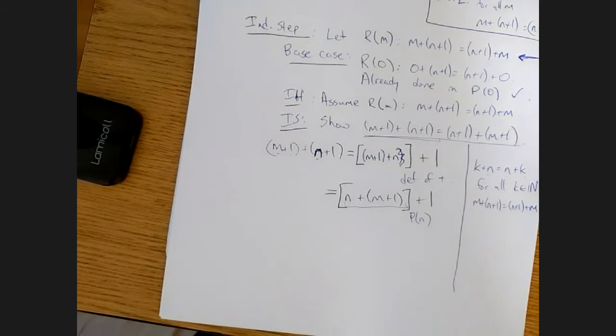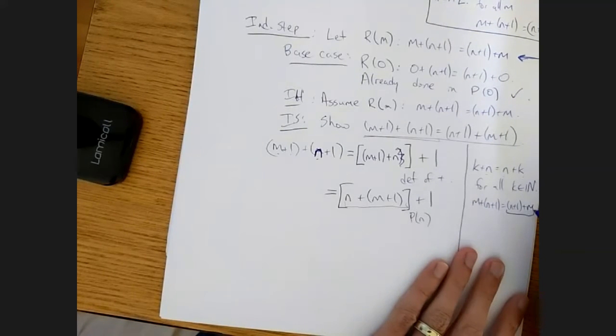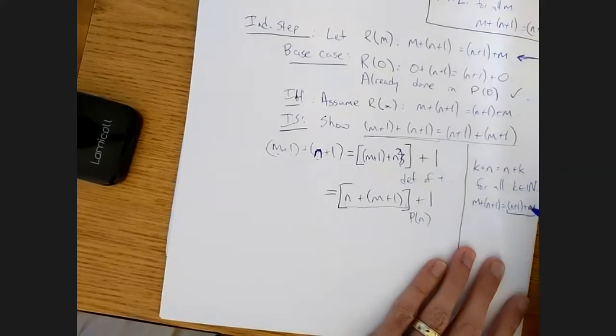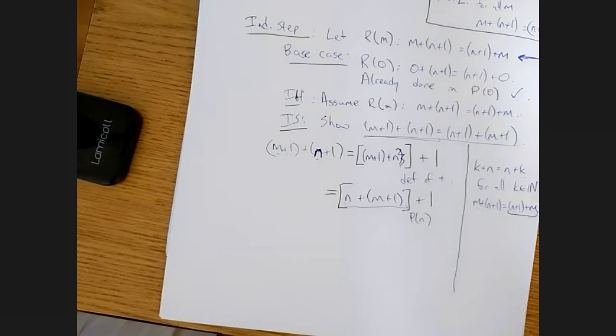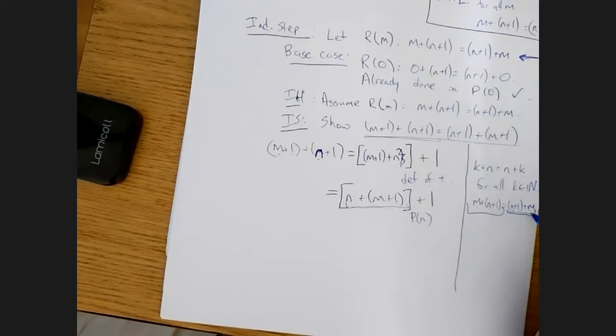If I'm able to get to this point, then I can use the induction hypothesis for R to say that n plus 1 plus m is just m plus n plus 1. Oh, sorry, I want to transform this into this, and then I can transform this into what I want, which is n plus 1 plus m plus 1. Okay, yes, that's my plan.